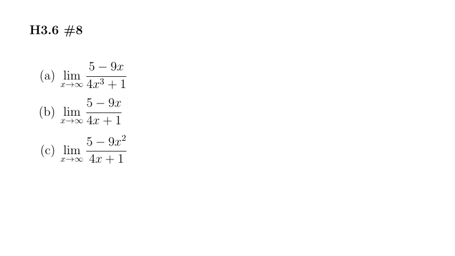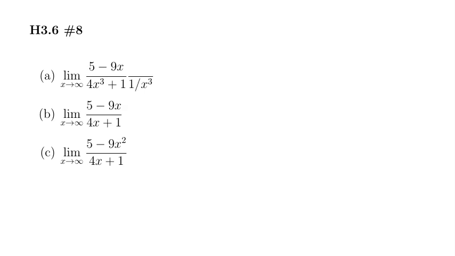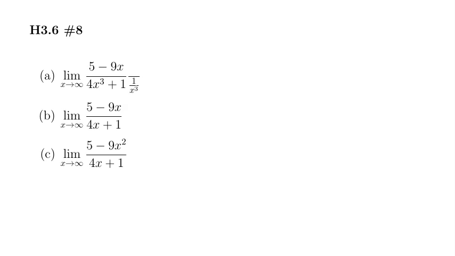I'm going to put a fraction here, and I'm going to put 1 over x cubed. Maybe that looks kind of bad, maybe I'll do this. So I'm going to multiply top and bottom by 1 over x cubed.